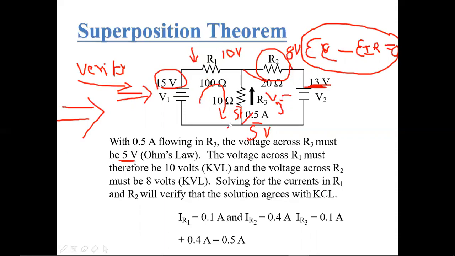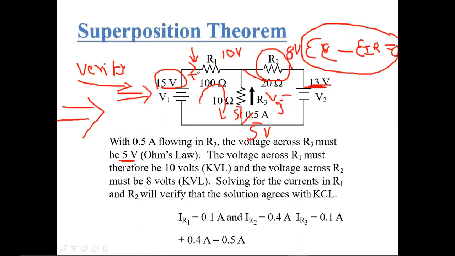Here you must get 0.5 amps by considering the voltage and current. So with this voltage and resistance, and this voltage and resistance, you must get the current flowing through each element. How much current is flowing through R1?